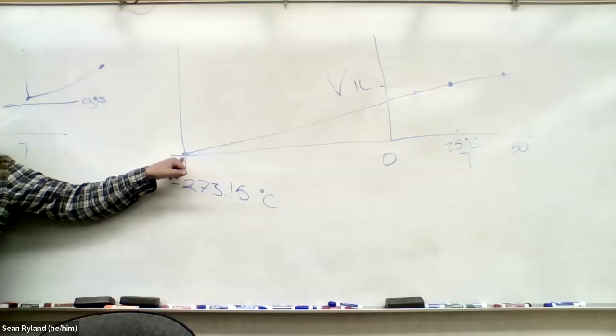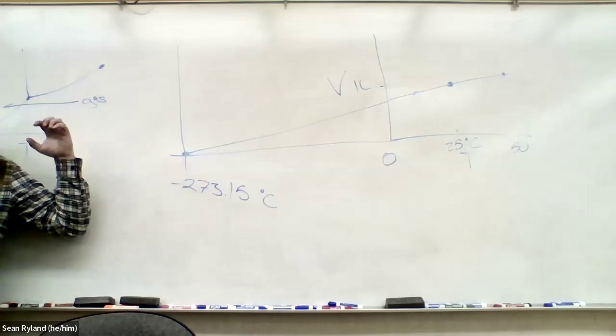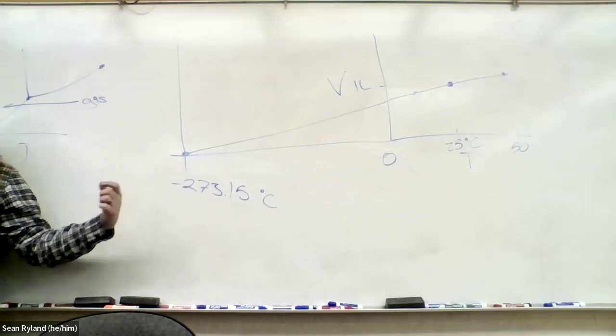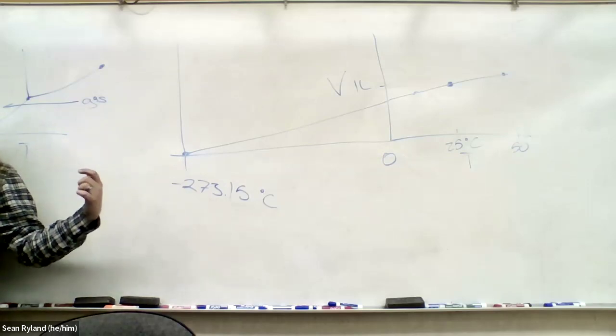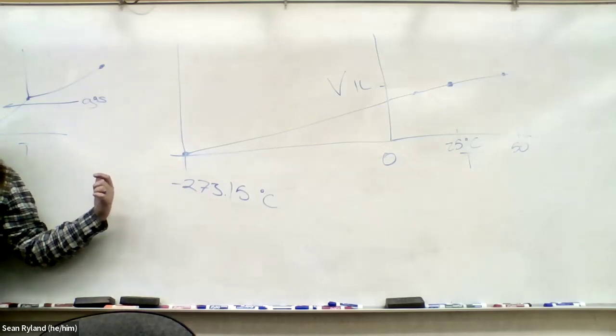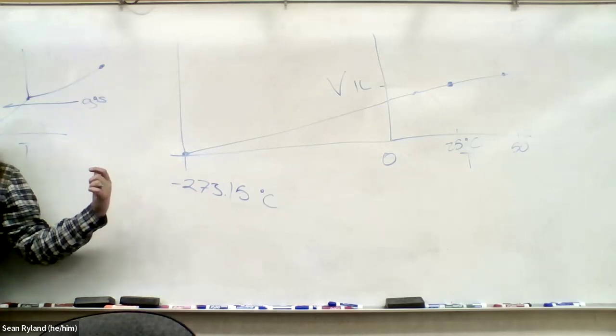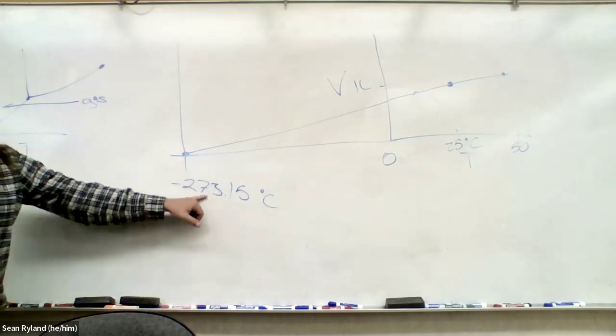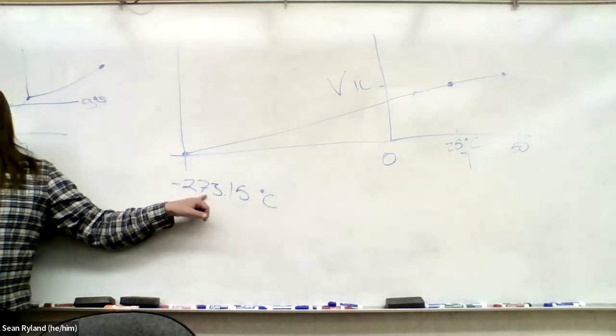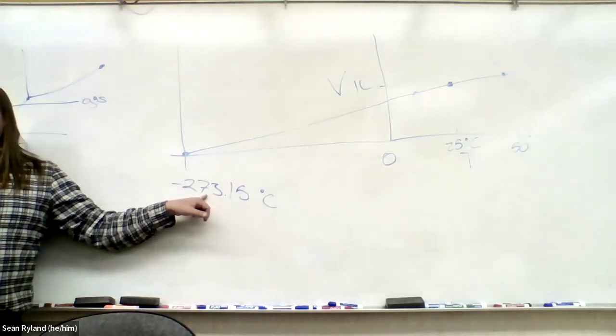So even hydrogen has the lowest boiling point of anything known to man, and it boils at about 2 Kelvin, which would be negative 271 Celsius.